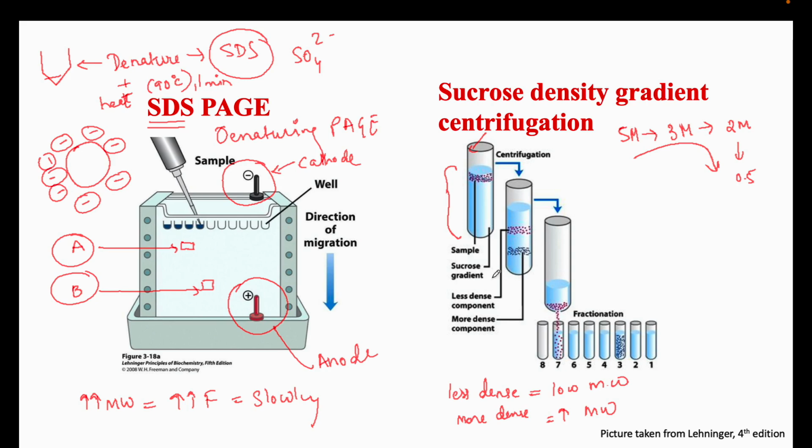Okay, this is also used to do cell fractionation, right? We can fractionate different cell organelles using this technique. So again we can separate different molecular weights of protein using sucrose density gradient centrifugation.